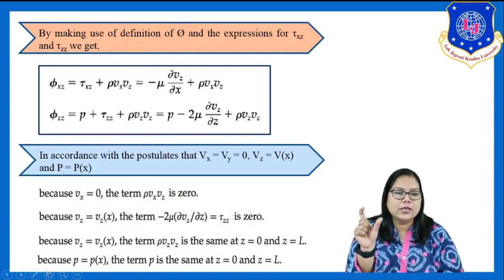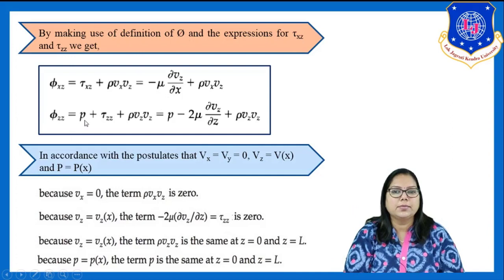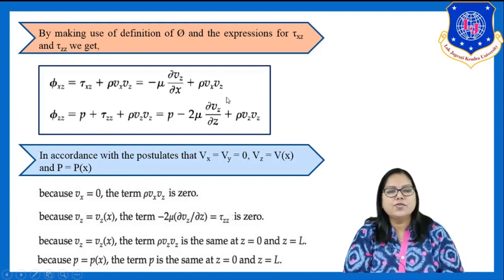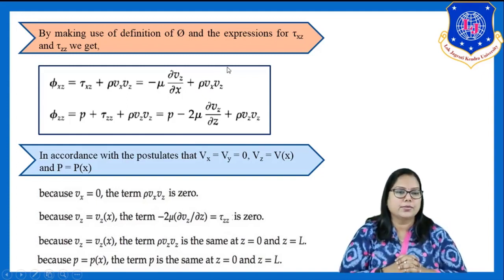From these assumptions, we apply them to the above phi xz and phi zz equations. Because Vx is 0, the term rho Vx Vz will be 0. Now we are trying to reduce the equation.